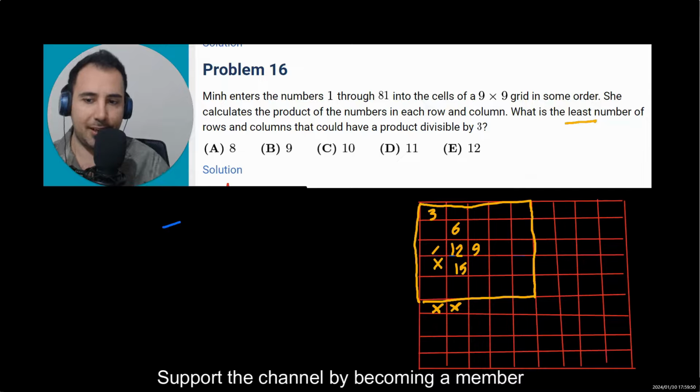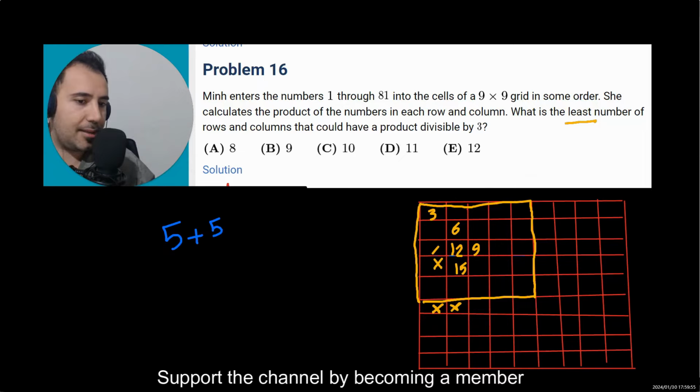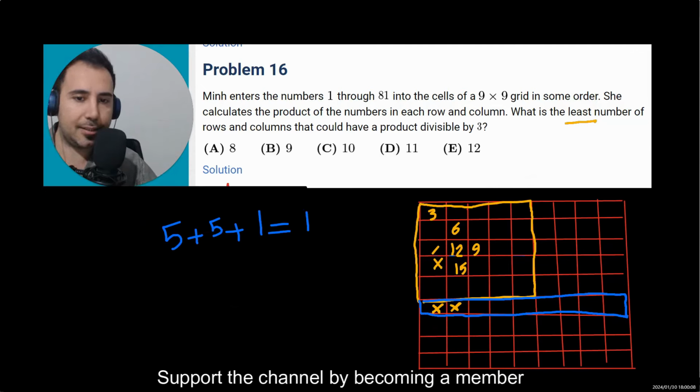So we have 5 plus 5. And this one, because I put it here, there will be just one more row, plus 1. So it's going to be 11. That's the right answer.